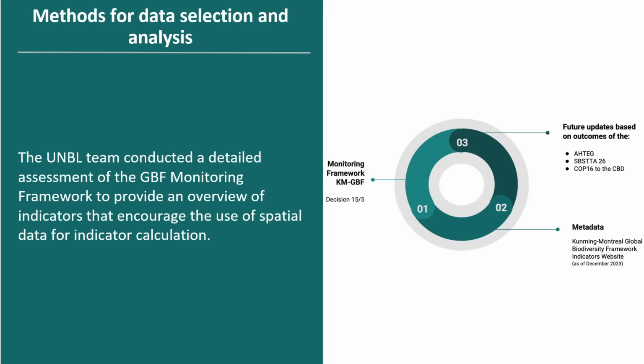We use mainly two sources of information: the monitoring framework and the metadata associated to each indicator as of December 2023. And we plan to update this data collection based on future outputs from the SBSTTA, such as SBSTTA 26 and COP16. In the following slides, I will give you more detail of this process.